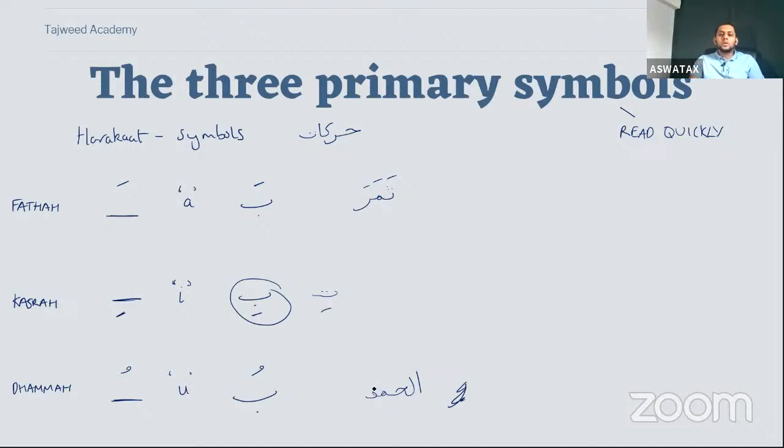I don't say alhamda, that is incorrect. So just to recap, we have fatha found on top of a letter makes the a sound, kasra makes the e sound, and dhamma makes the u sound. None of them are stretching, so we're not saying ba, bi, bu. We're saying ba fatha ba, ba kasra bi, ba dhamma bu.